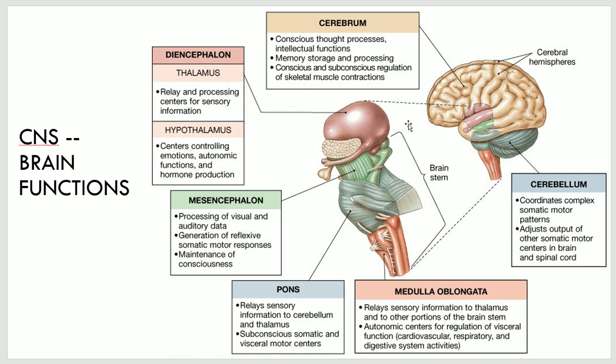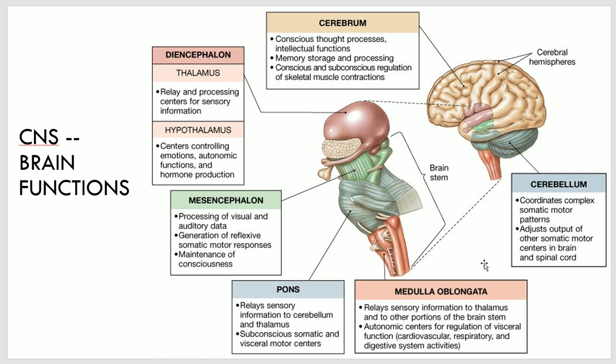If we were to zoom into the brainstem right here, so this is the brainstem. Let's zoom in. Brainstem consists of the mesencephalon, the pons, and the medulla oblongata. So first we're going to talk medulla oblongata. It's down there at the bottom. It's this little rod. It's orange right there. So the medulla oblongata is a sensory relay center.